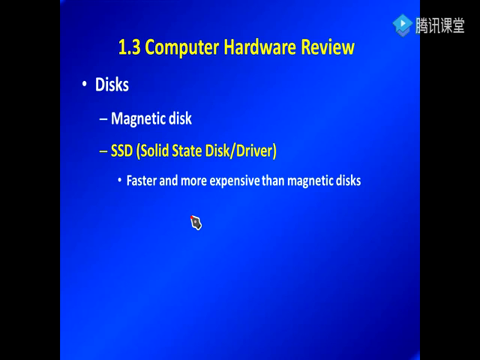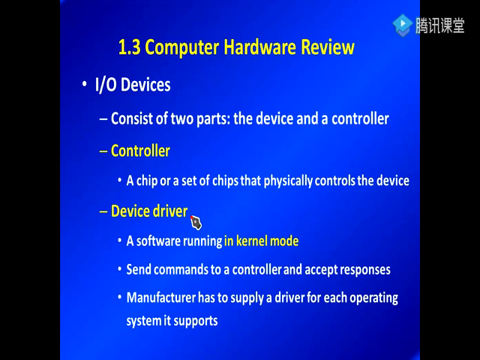And speaking of stability, now SSD is quite stable as compared to magnetic disk. So maybe in the future, I think SSD will replace magnetic disk, at least in personal computers, in the laptop notebooks.